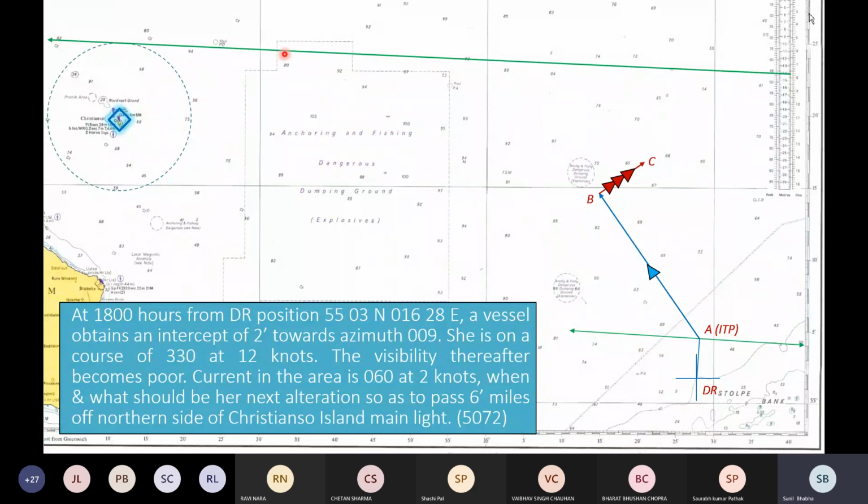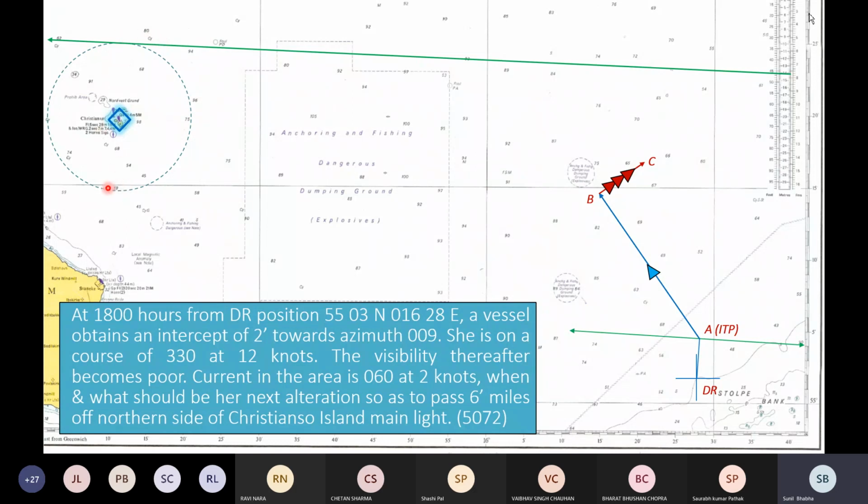You can see this green color line marked on the chart now, parallel to my initial PL. This line is parallel to my initial PL in the same direction, and it is tangential to the Christianso Island main light. We have drawn the tangent on the northern side.